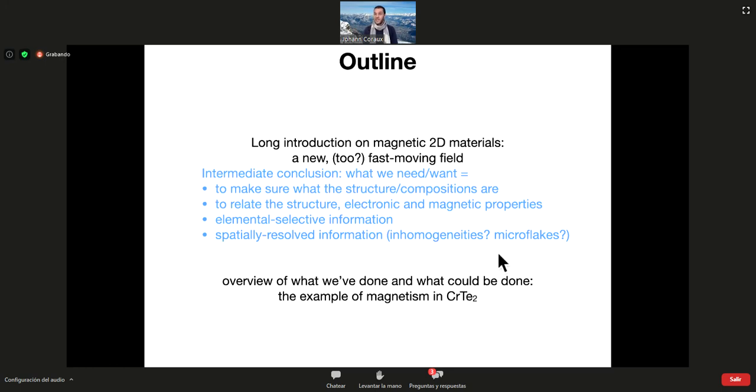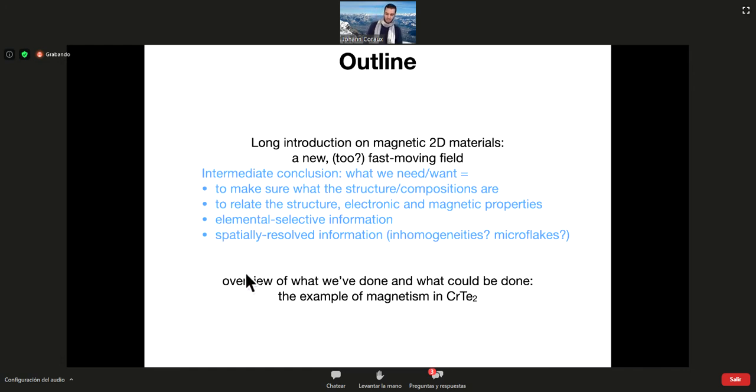But it's still the case in this community that many materials are produced by mechanical exfoliation. So they are tiny flakes, a few microns or a few tens of microns in extension. And so for that, you need spatially resolved information.